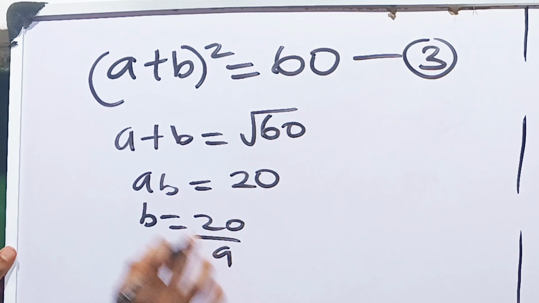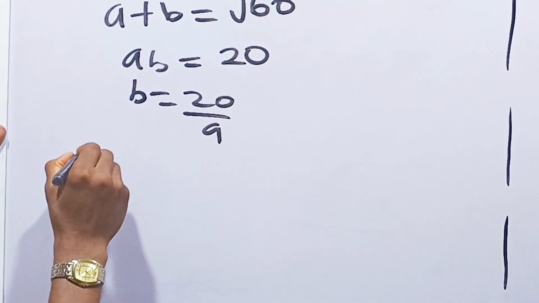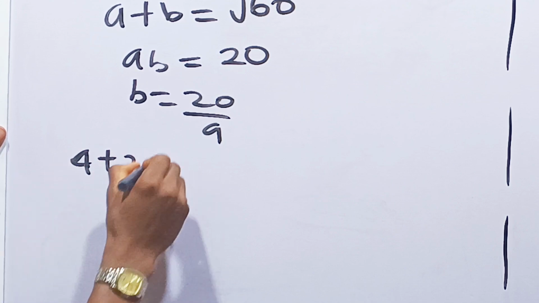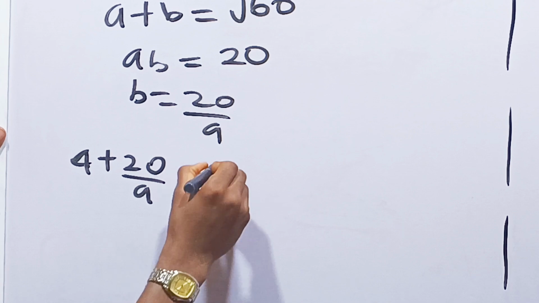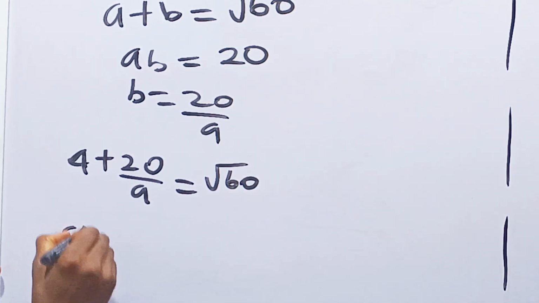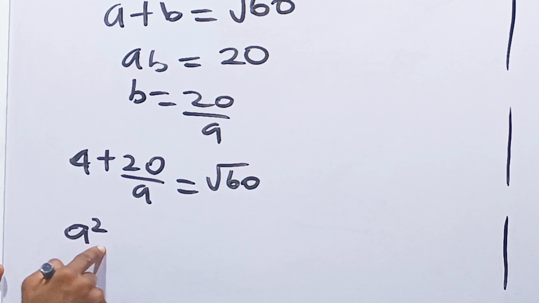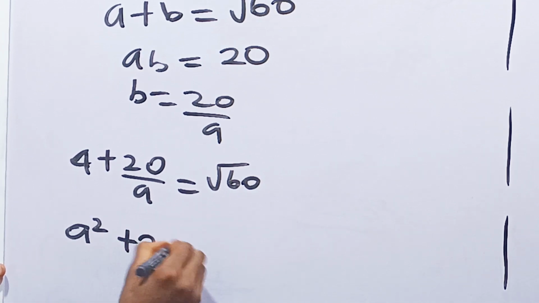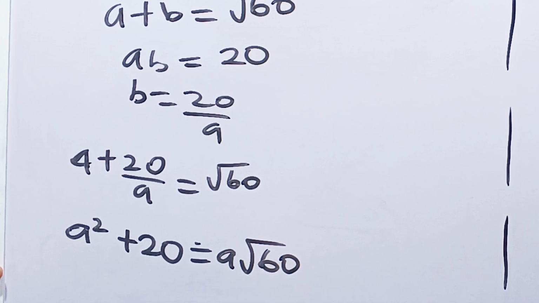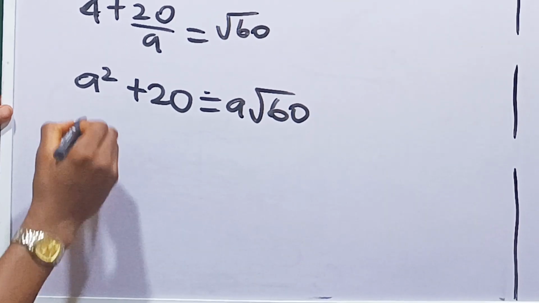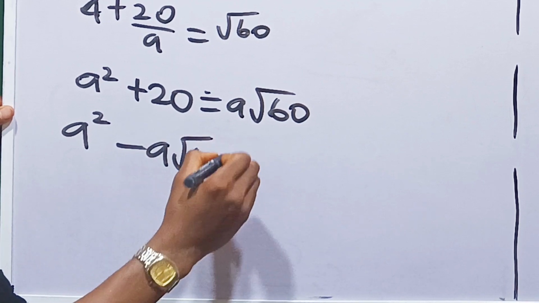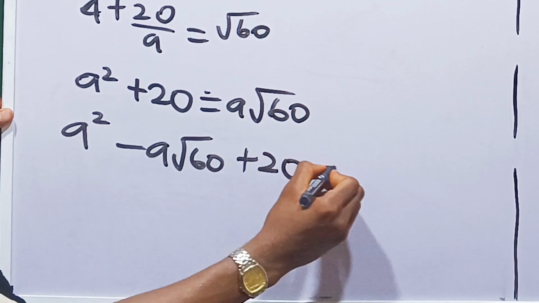Substituting this in equation 3 now, we have a plus 20 over a is equal to root 60. Now multiply each term by a, we have a squared plus 20 is equal to a root 60. From here we now have a squared minus a root 60 plus 20 is equal to 0.